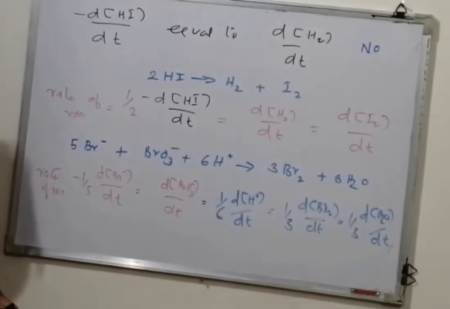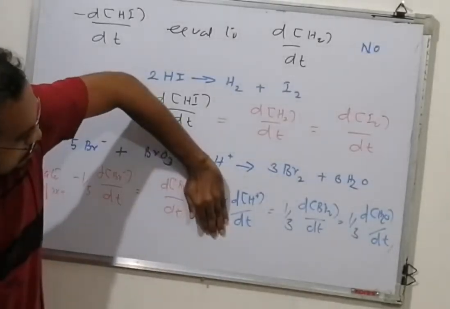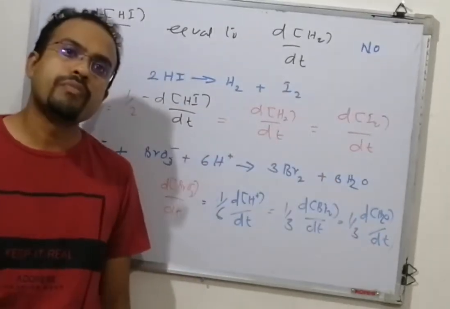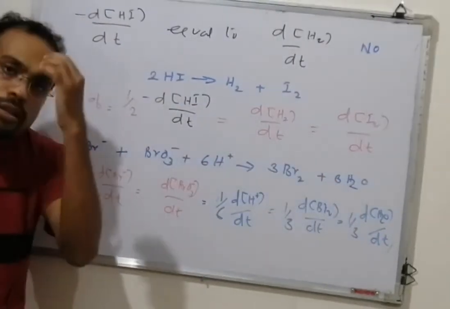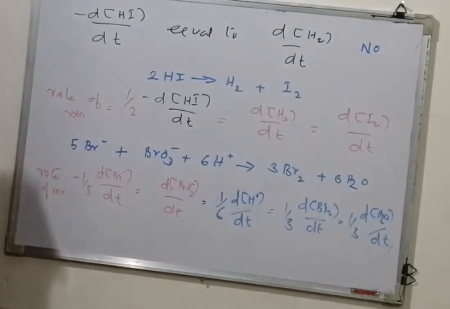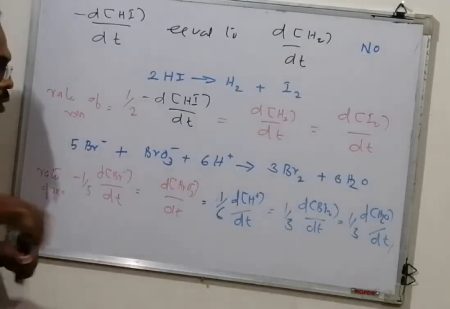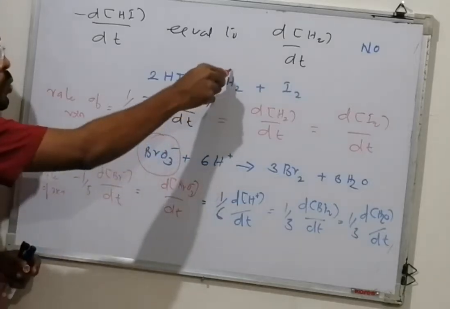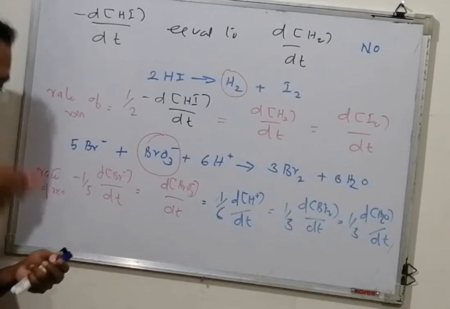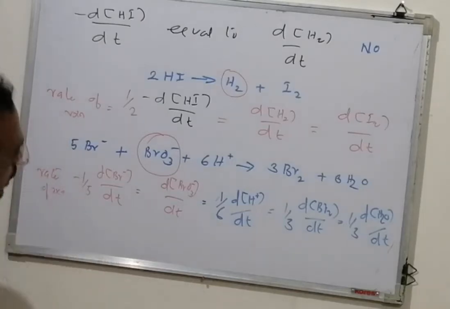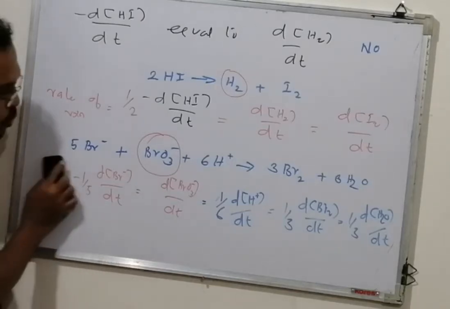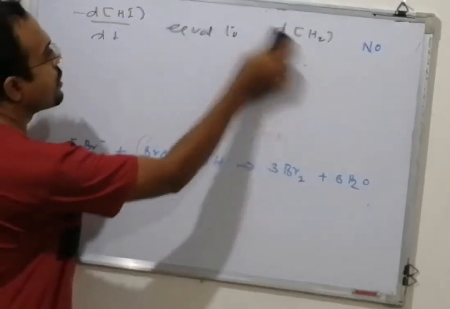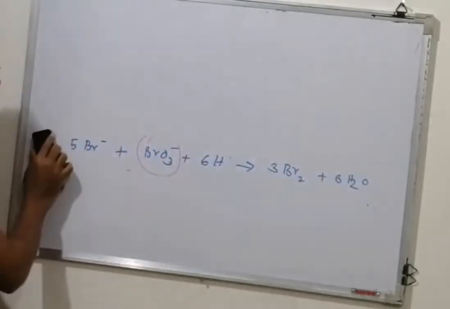Fine. This is a rate of change of H plus. This is a rate of change of Br2. This is a rate of change of H2O. Therefore, the trick, please remember: rate of reaction will be equal to rate of change of reactants or products whose coefficient is 1.